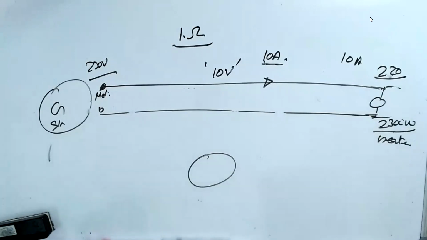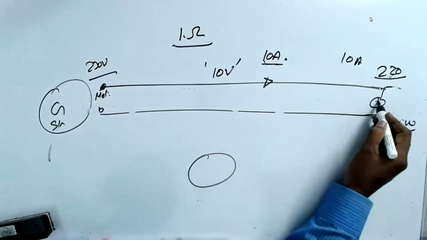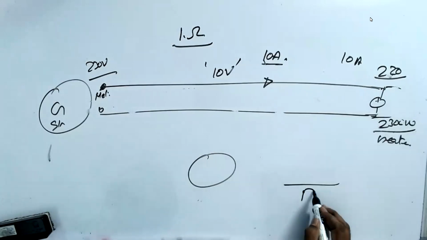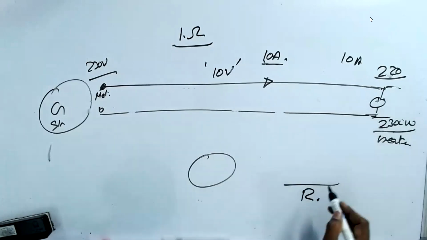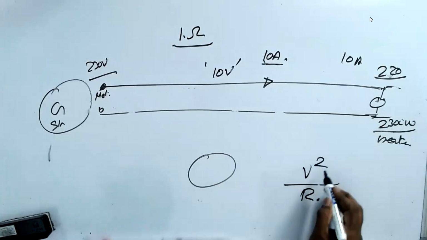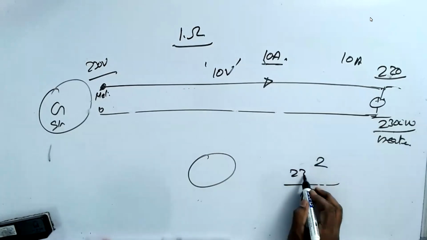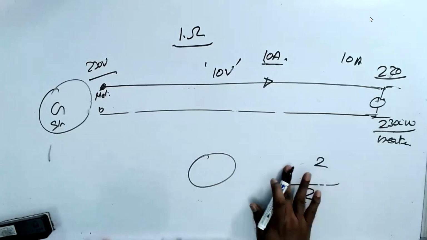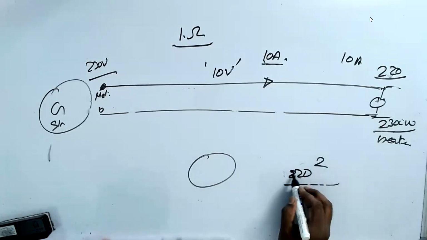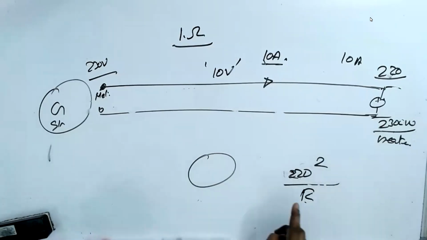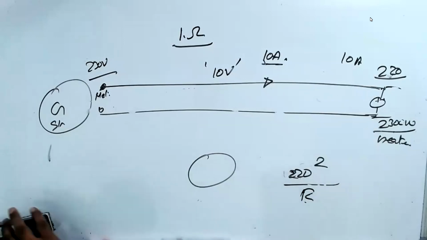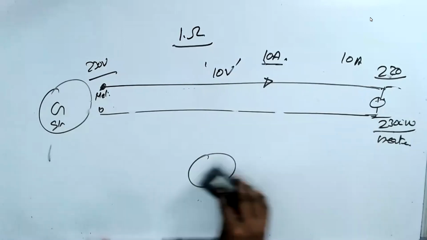Understand? The resistor is fixed. The bulb's resistor is fixed. Any device, R is fixed. Power is V squared by R. If you give 230 volts, then more power. If you give 220 volts, less power. Understand? So that's the way it happens.